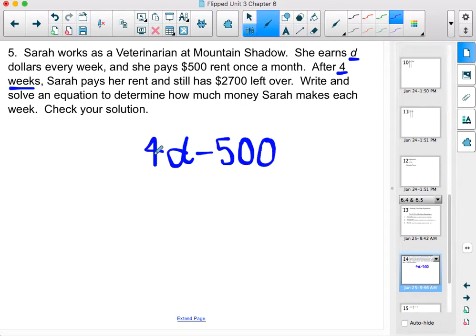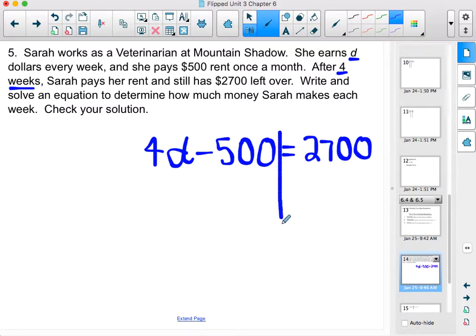And after she makes money and pays a bill, we figure out that she has some money left. That means she has $2,700 left. So my equation for this is 4 times D minus 500 is equal to 2,700.